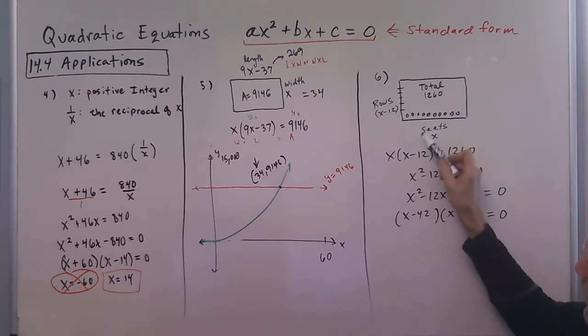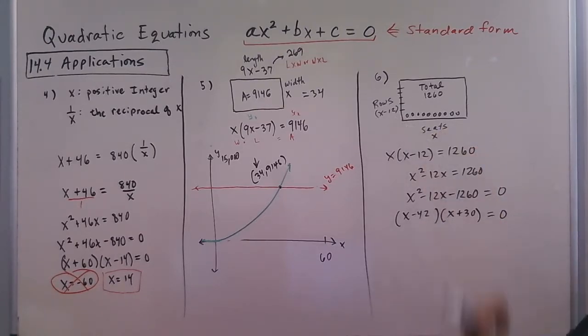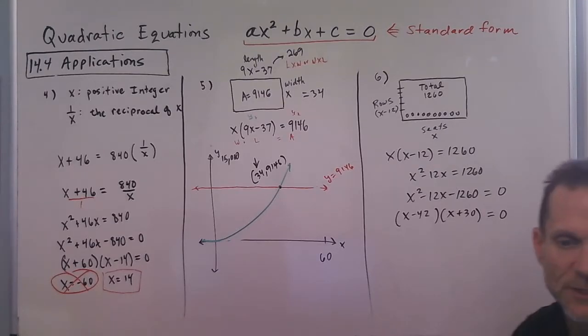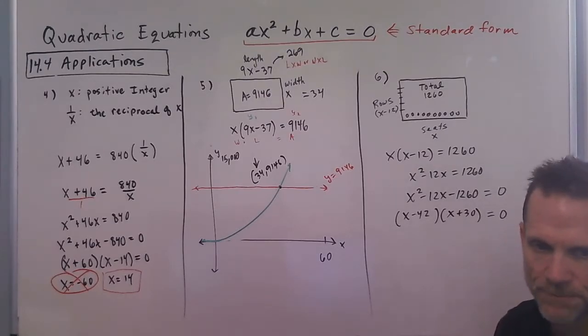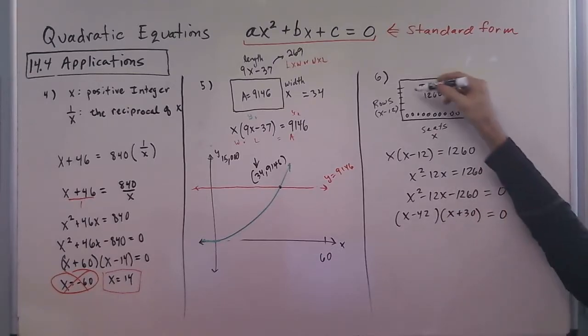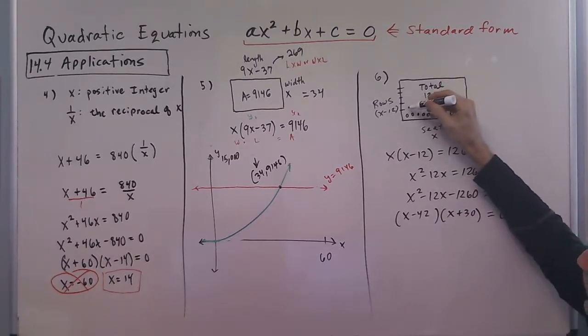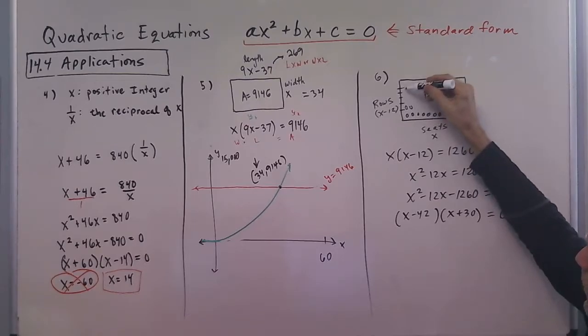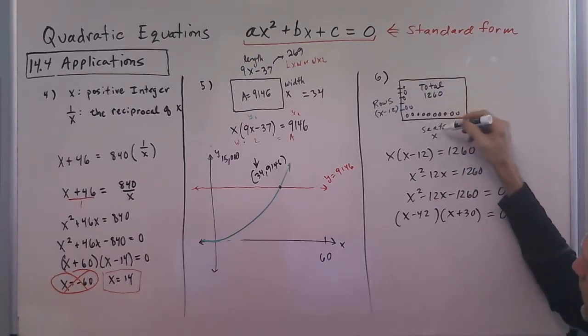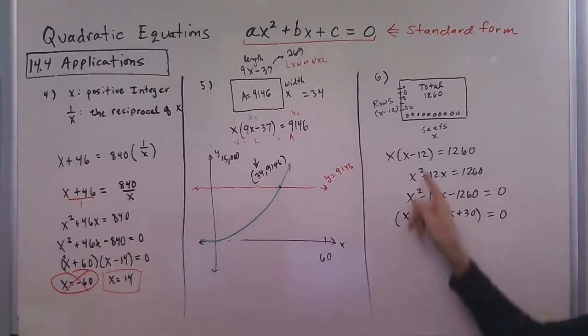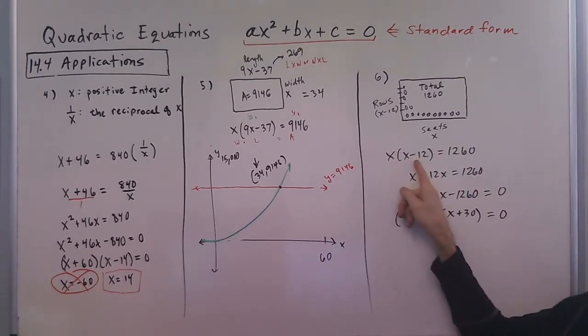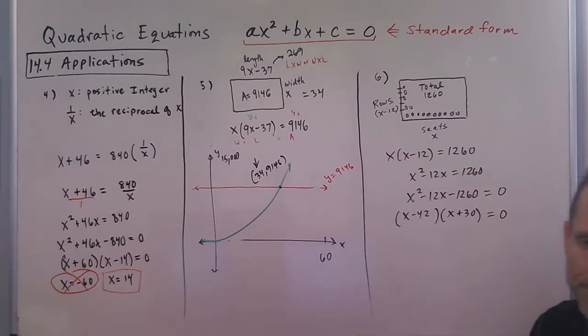And so I'm going to take the number of seats and subtract off 12 because I know the rows is less than the seats. Okay. So then to find the total number of seats, if you think about this, we have seats going all along here and the rows going back. What we do is we take the number of rows times the number of seats, or the number of seats times the number of rows, and we get 1260 for the total seats.